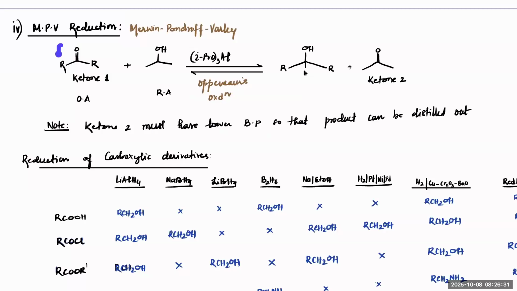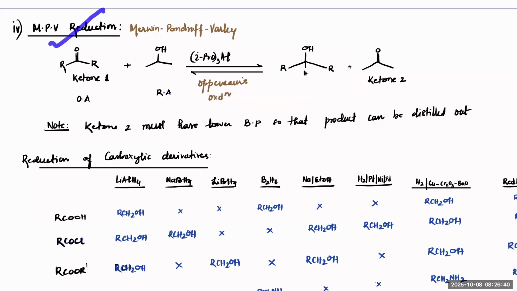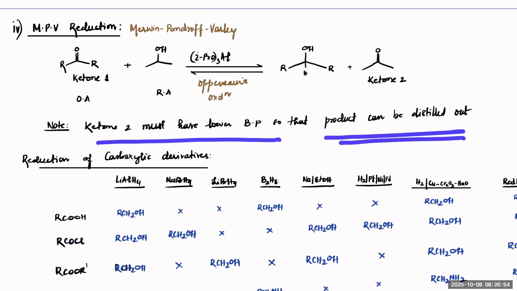So if this is your first ketone and this is the product, that means in the forward direction reduction is happening. That is called MPV reduction. On the backward side, it is called Oppenauer oxidation. If the reaction has to favor the forward direction, the ketone too must have a lower boiling point than the product so that it can distill very easily.